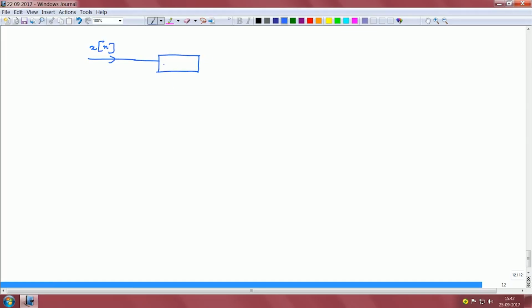This goes through 2 filters, h naught of z and then h 1 of z. Then I downsample at this stage. I take h naught, I take h 1, and I downsample.